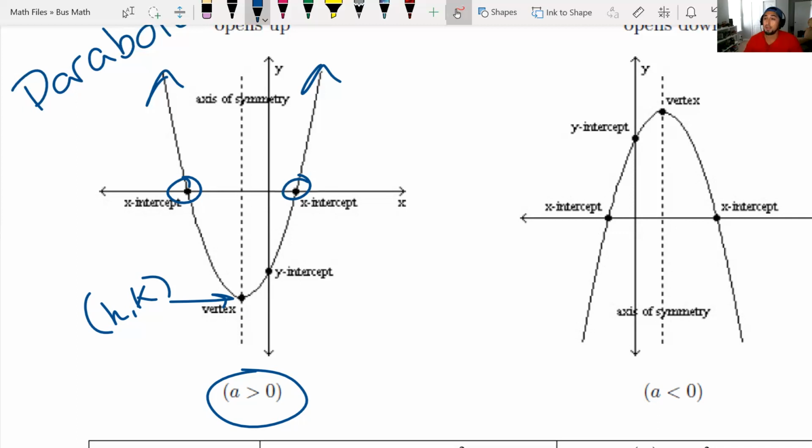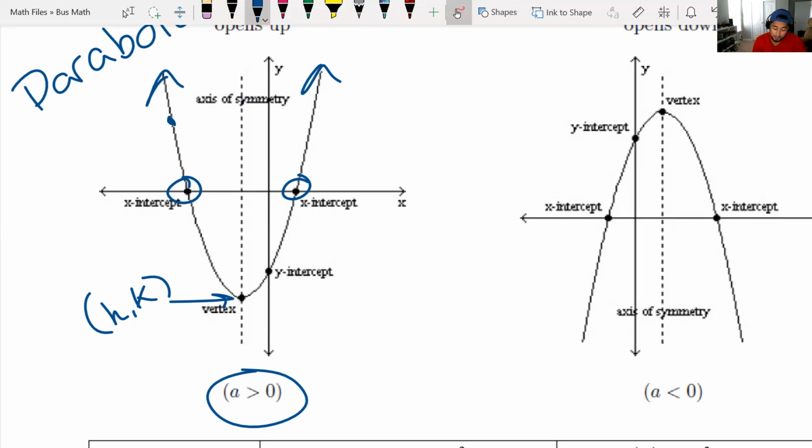And then the last piece of our parabola is something called the axis of symmetry. It cuts straight through the middle of your parabola. The key word here is symmetry, which means it reflects across the line.